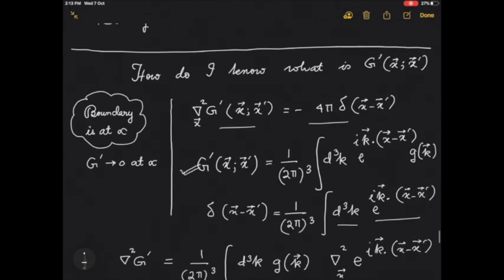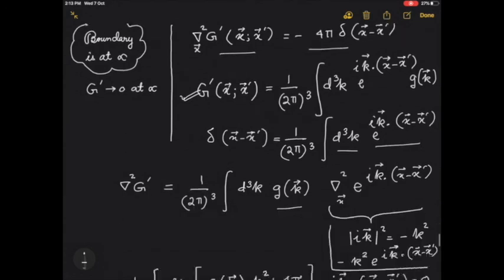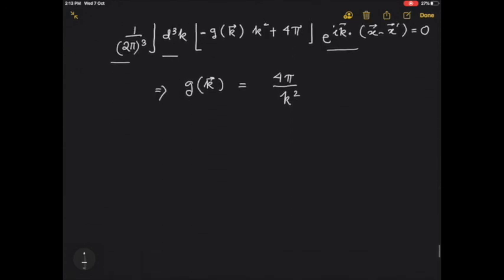Well, if I know gk, now I am done, because I have g prime written in terms of gk.